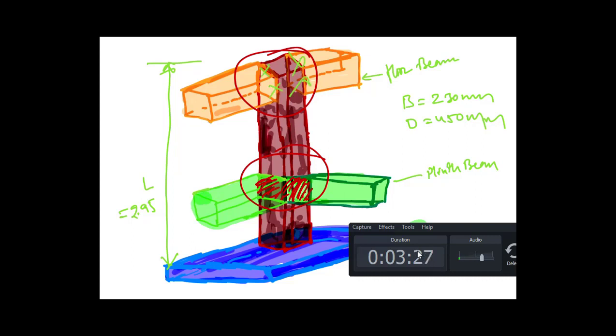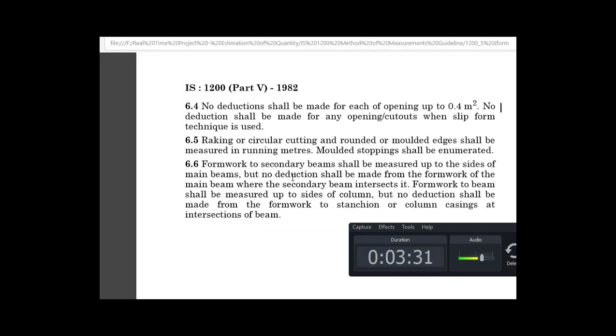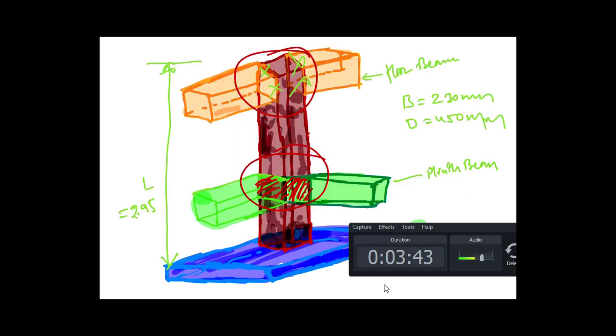The reason is the IS code, that is IS 1200 part 5, which tells us there is no need to deduct the shuttering quantity from the column in case the beam is intersecting. Because if I deduct this much area, then it will become a loss to the contractor who has to cut this much shuttering from the plywood or any wooden material.